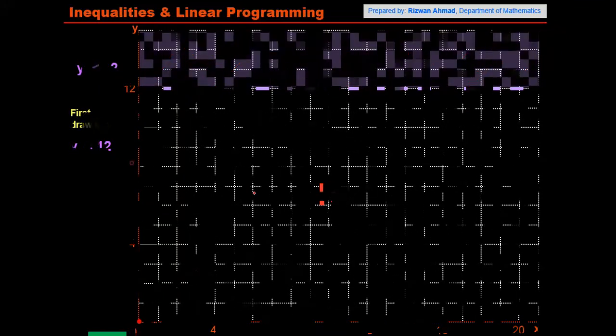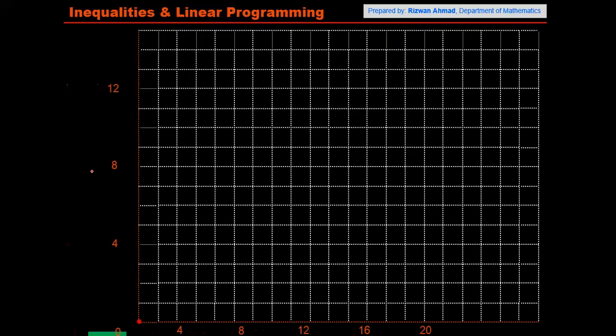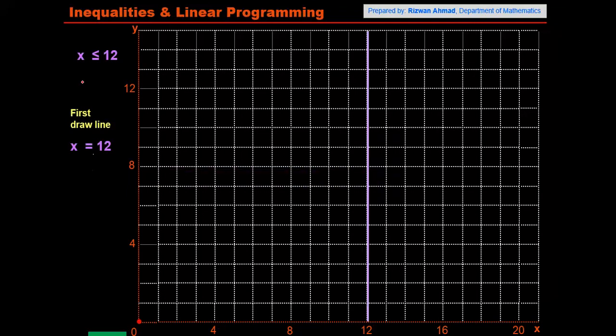Now another example. If we have x less than or equal to 12, so first we'll draw the line x is equal to 12. So this is the line x is equal to 12. We know that x is equal to some number is a vertical line that passes the x-axis at that particular number, so at 12.